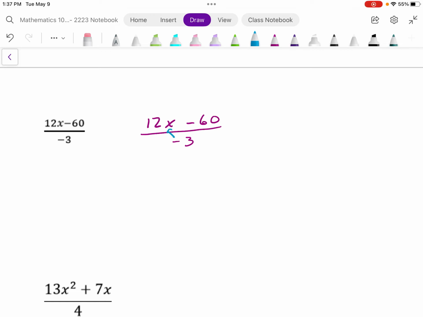But they did. What I'm going to do is distribute my division to both terms in the numerator. So I could write it as 12x divided by negative 3 minus 60 divided by negative 3.